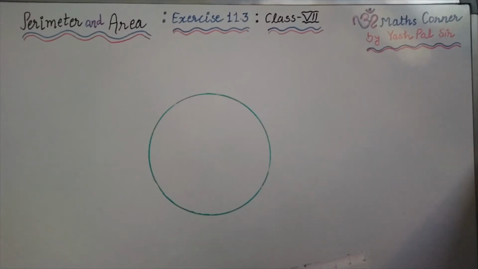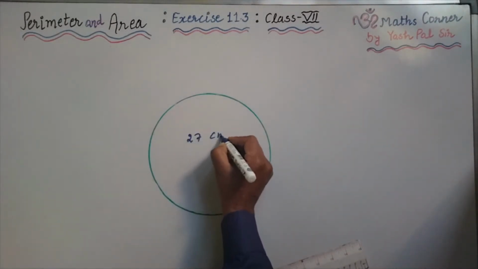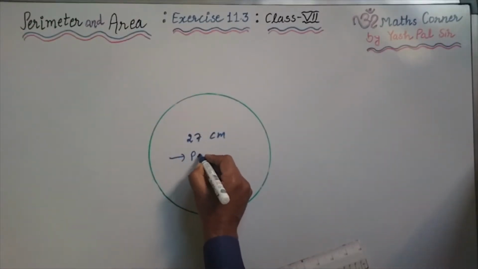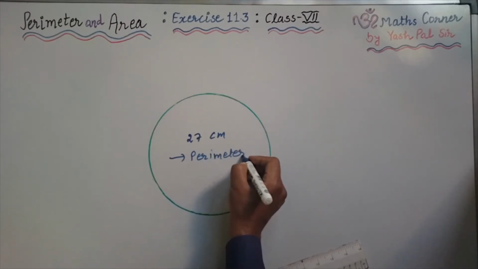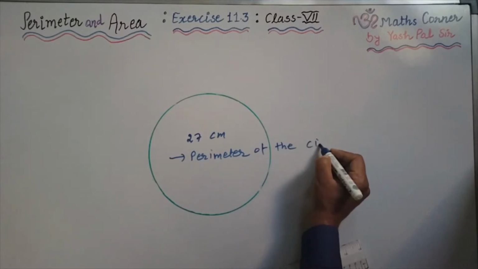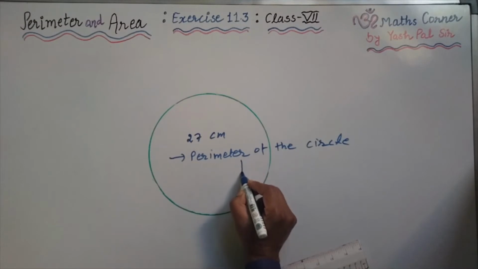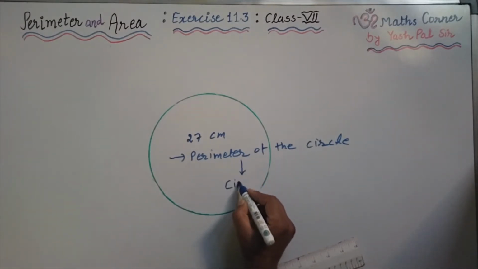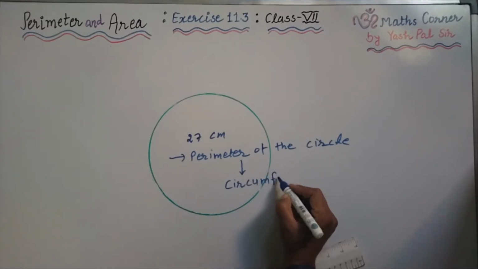So 27 centimeter, this is the perimeter of the circle. And the perimeter of the circle has a special name, circumference. Circumference.